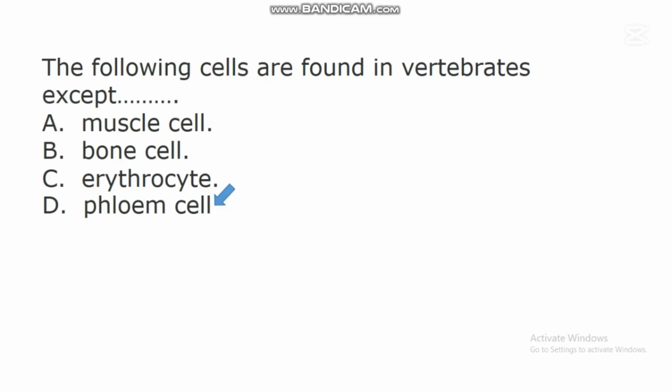Studies have shown that there are cells that are found in vertebrates. Vertebrates are those animals that have backbones. Muscle cell can be found in vertebrates, bone cell can be found in vertebrates, erythrocyte can be found in vertebrates, but phloem cell is a cell that can be found in plants. This phloem cell is not found in vertebrate animals.